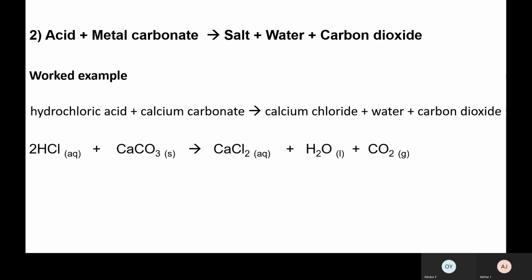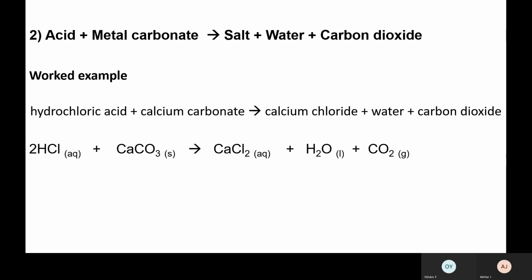Right, this is what you should have got. So we've actually got 3 products now. We've got calcium chloride, so we're naming the salts in exactly the same way that we've been doing, but our products have slightly changed. We still make water, but we also make carbon dioxide gas. So just check your state symbols. I'm going to draw your attention to the calcium carbonate.